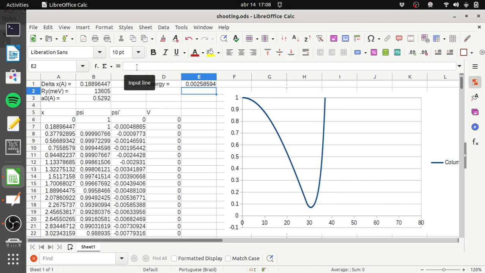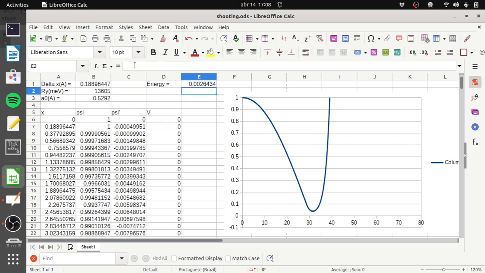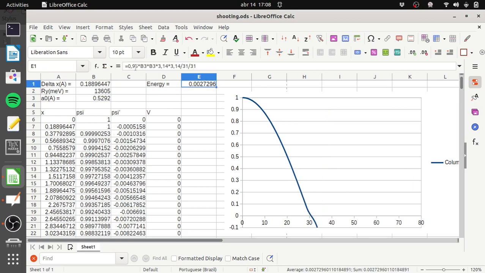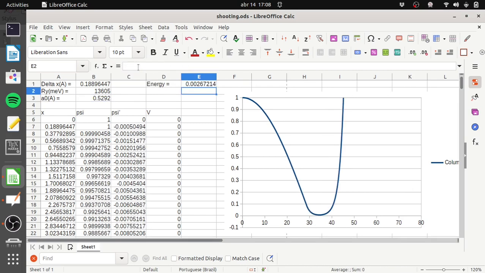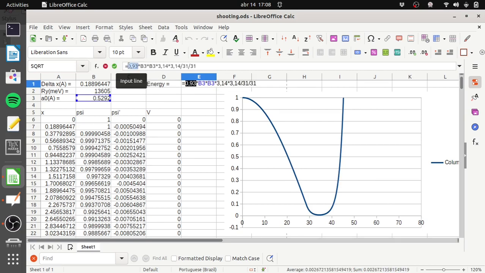What I'm saying is that I think this quantum well has 30 angstrom of length, but actually it has more like 31 angstrom of length. So you see, it gets better when it's like that. Now I have a precision of like 93% more or less of the infinite quantum well that I have here.